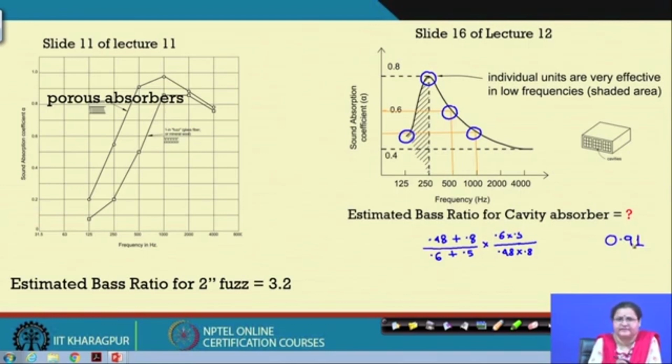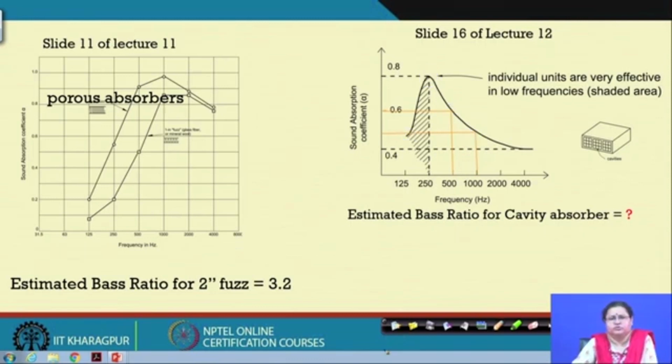So, even from these graphs you could have estimated whether the item will have a better bass ratio, higher bass ratio or a lower bass ratio. Just by seeing the graph you can find it out. So, with these words I say, if you cover your entire auditorium with porous absorbers, you will end up having higher bass, or the low frequency sound will create a disturbance or annoyance, and you will not achieve that quality.